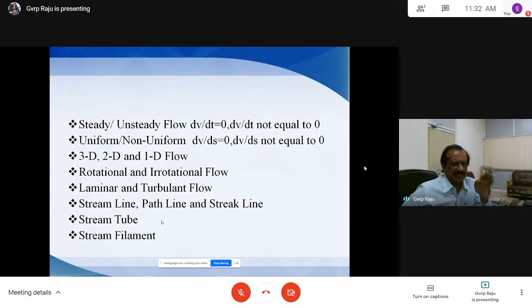Quite often we will assume the flow as steady, assume the flow as uniform, assume the flow as compressible, something like that. So if all the properties, that is pressure, mass density, velocity, do not change with time, you can say it is steady flow. For example, you take velocity here, and the velocity is not changing with time. So the velocity change is the differentiation of velocity with reference to time.